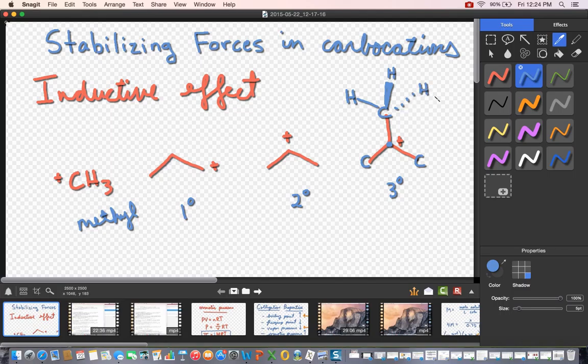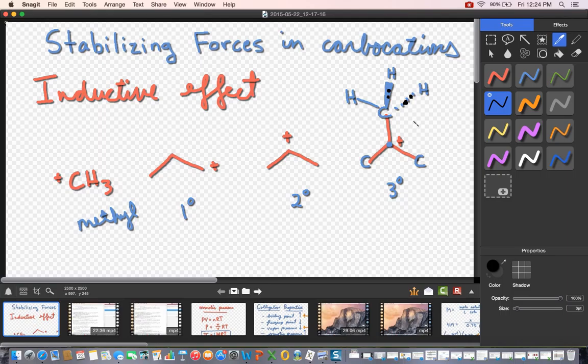What this means is that the carbon-hydrogen bond, which is very slightly polarized, has an electron pair that can weakly overlap with the p orbital lobe that's coming out of the plane of the screen, while the carbon-hydrogen bond that's going into the plane of the screen, due to the fact it is weakly polarized, can overlap its electrons with the p orbital lobe going into the plane of the screen.